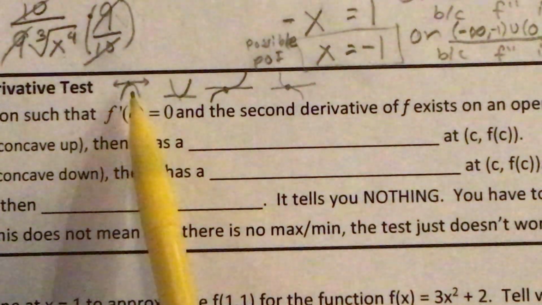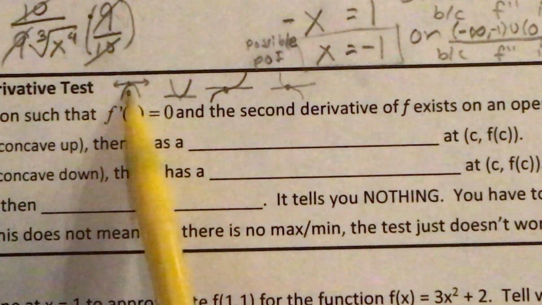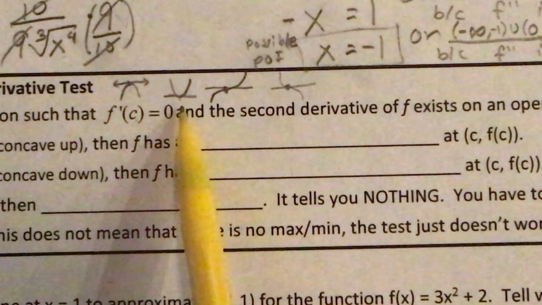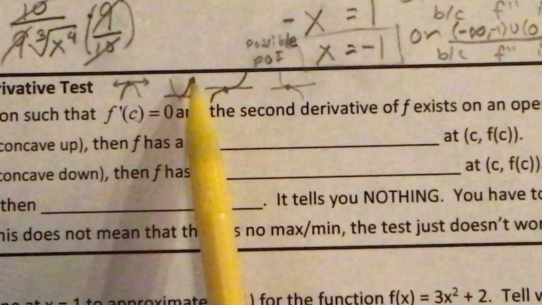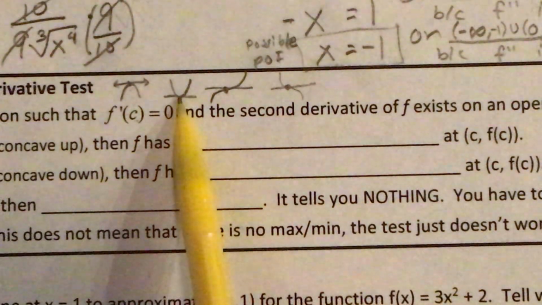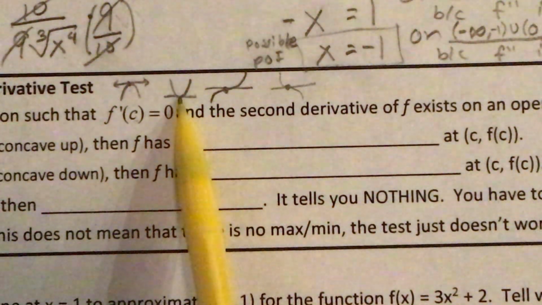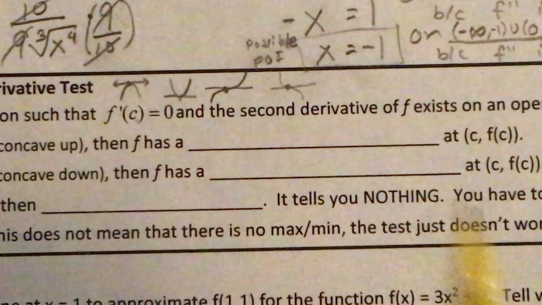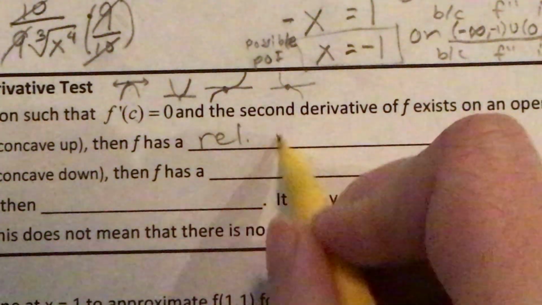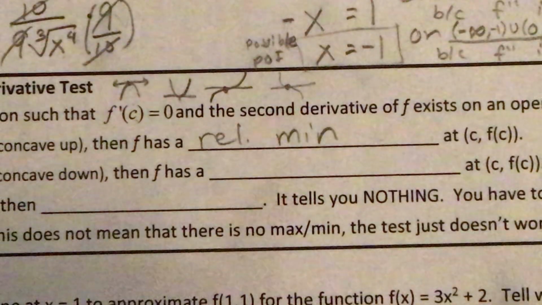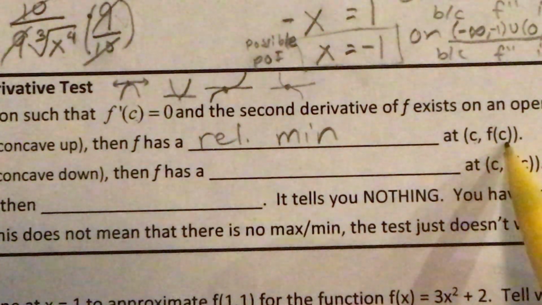In this one, surrounding our critical number, our graph is concave down. Here, surrounding our critical number, our graph is concave up. So is that point a min, a max, or neither? It's a minimum. So number 1 has a relative minimum at that x value and y value.